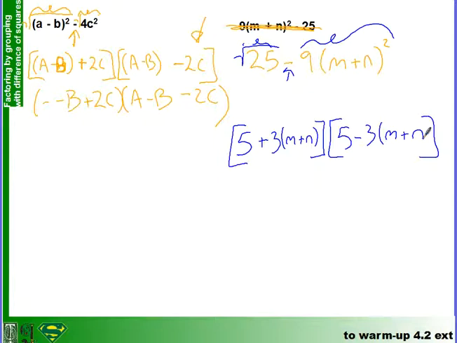Well, I can't leave this problem like this because it is not in simplest form. Why isn't it in simplest form? Well, I can distribute this 3. So really I have 5 plus 3m plus 3n, and that's being multiplied by 5 minus 3m minus 3n.